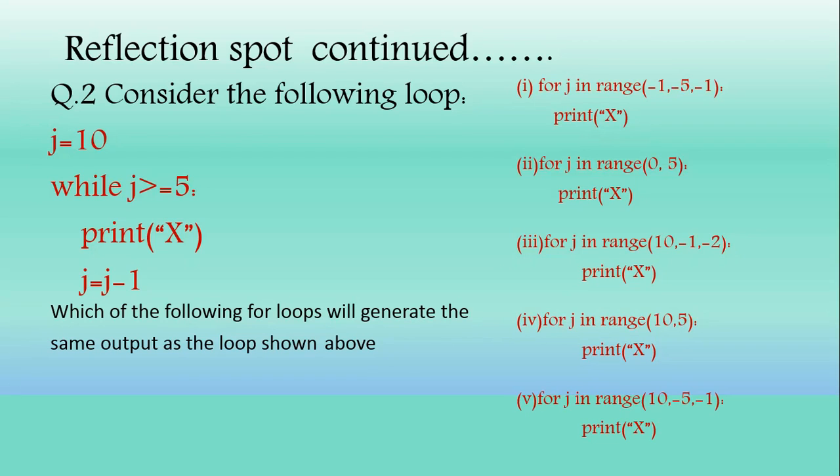Which of the following for loops will generate the same output as the loop shown above? I have given 5 options, out of which only one option is correct. You have to find the correct option. Let's wait for a few moments.